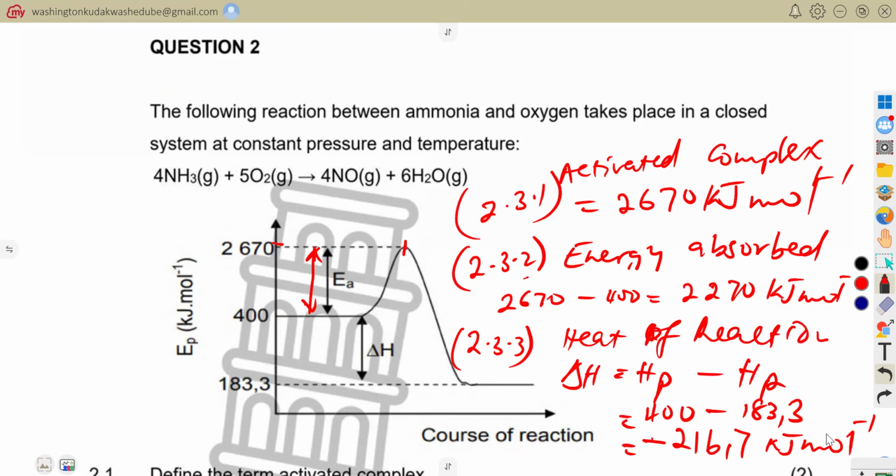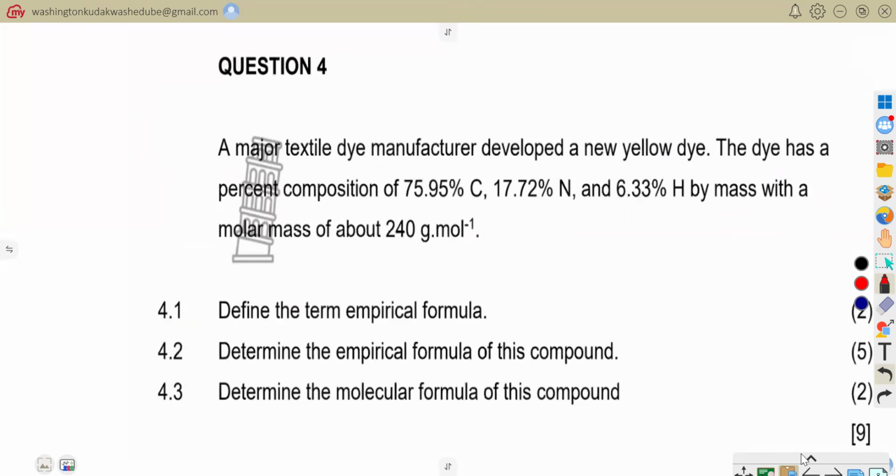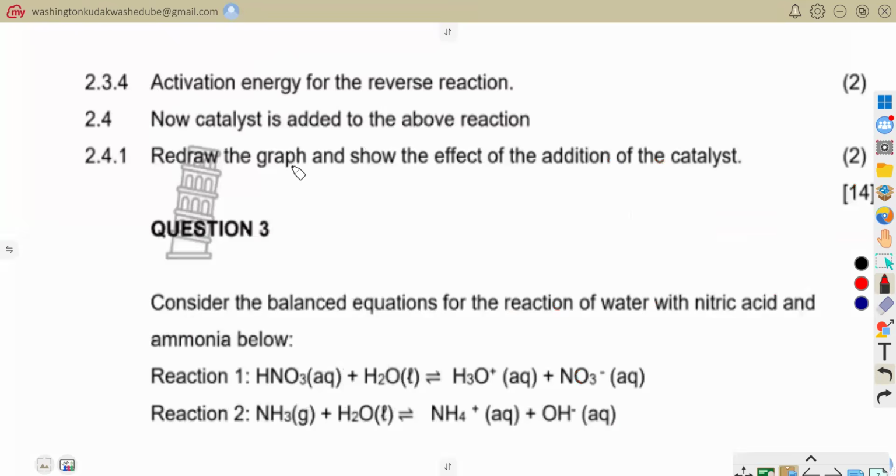So that is how you would have calculated this. Now let's go to the following question. The following question is actually on the next page, but it has to do with that graph. They are saying calculate the activation energy for the reverse reaction.